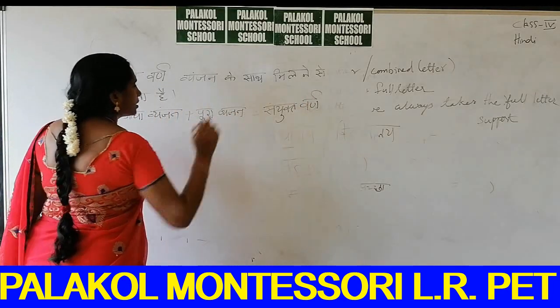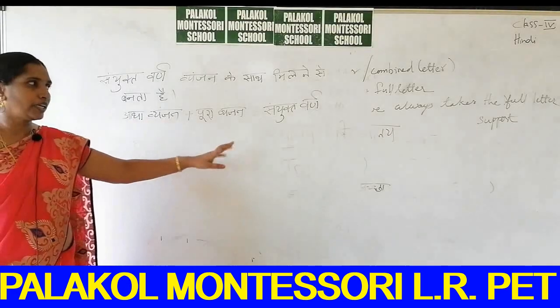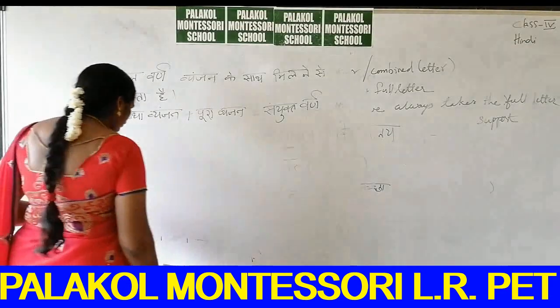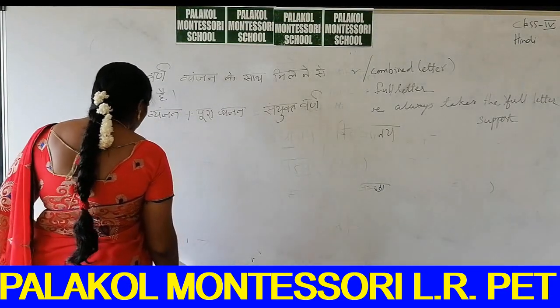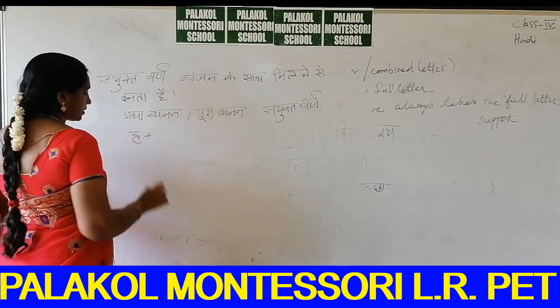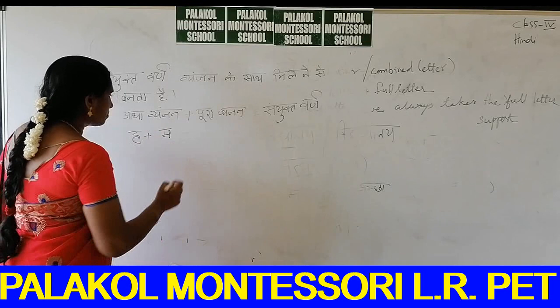In Hindi it is called samyukta varna. Half letter and full letter will give samyukta varna. Okay, so here, how can we pronounce it? These are very, very important. Ha plus ma.